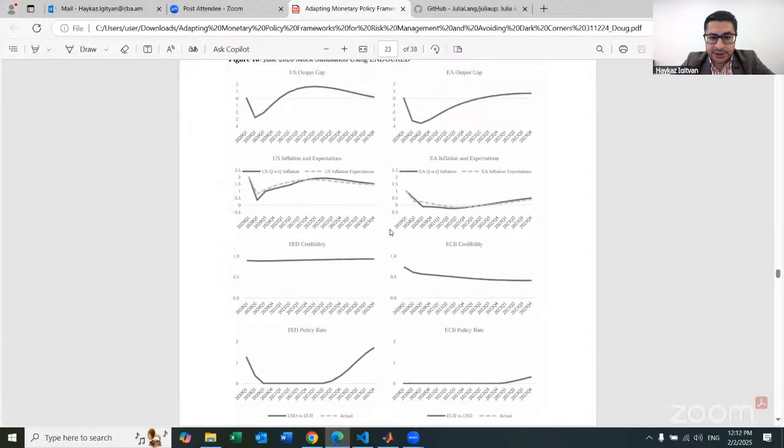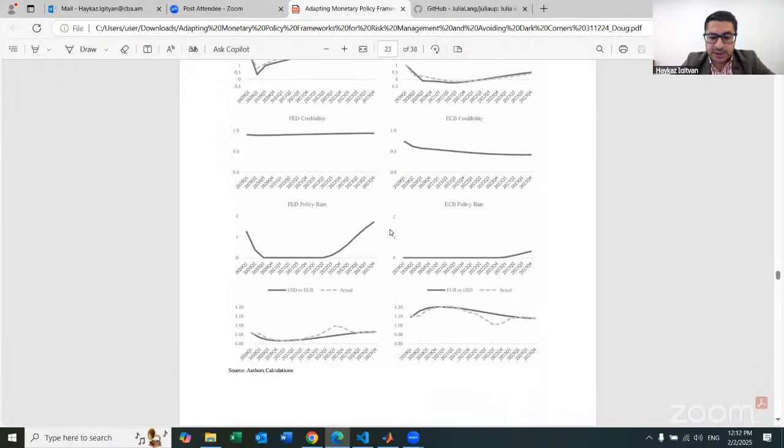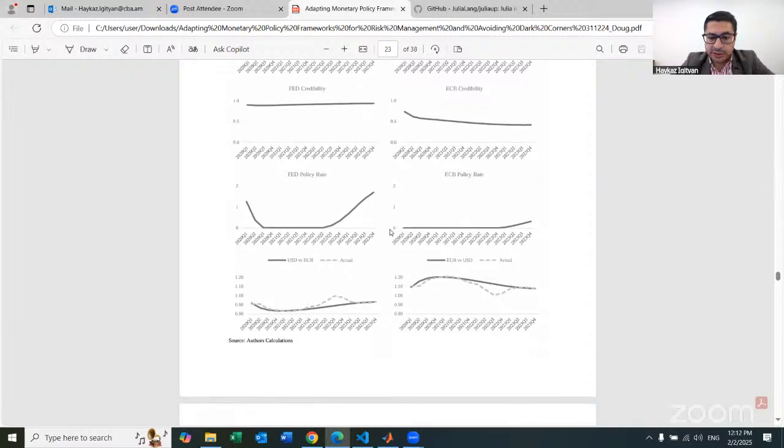Additionally, these differences in monetary policies allow the Fed to depreciate the USD against the euro.